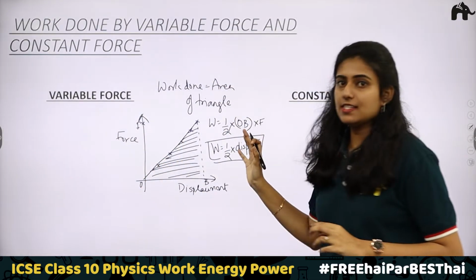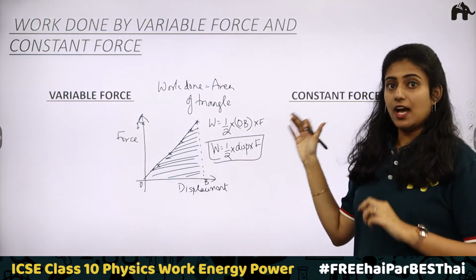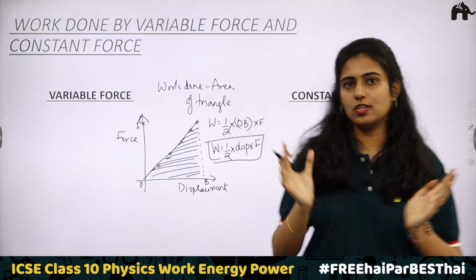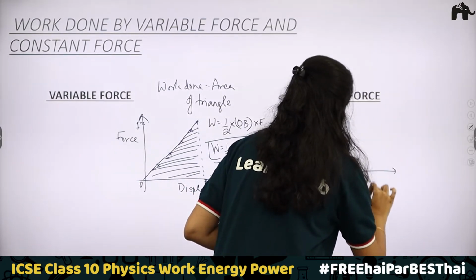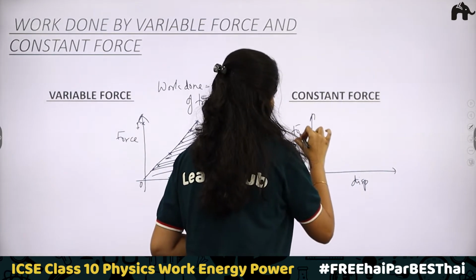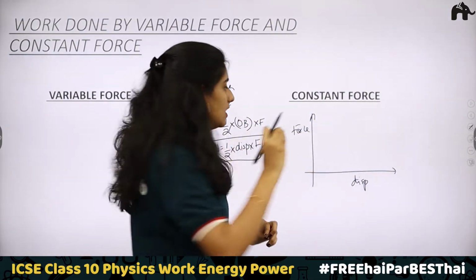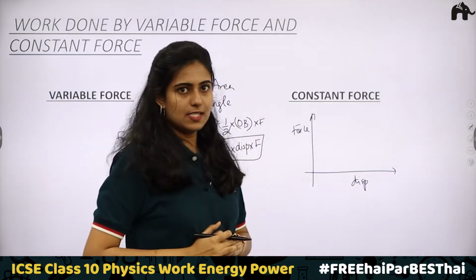Clear? Next case is with constant force. A constant force is applied and what is the displacement? Again, plotting a graph, displacement you have here and force along this. When force is applied, there will be displacement.